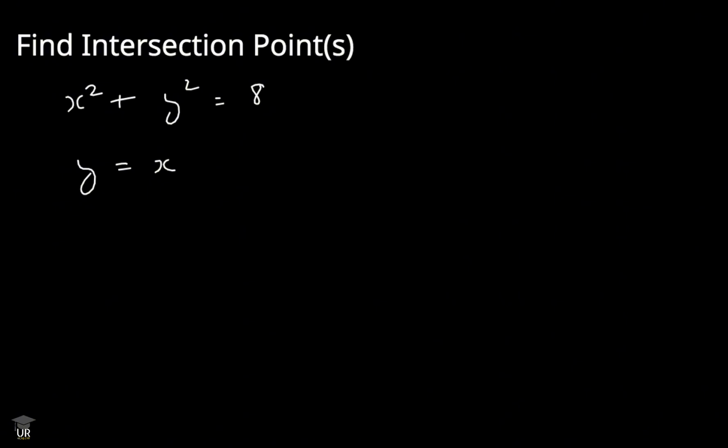Okay, now in this question we need to find the intersection points between the circle and the line. So we can clearly see that this equation is the equation of the circle, and this has to be your straight line.